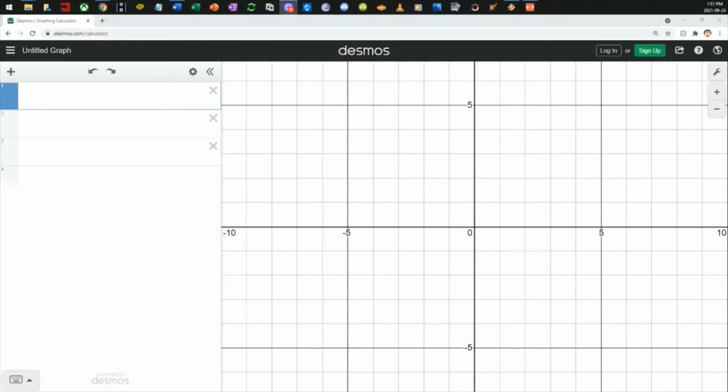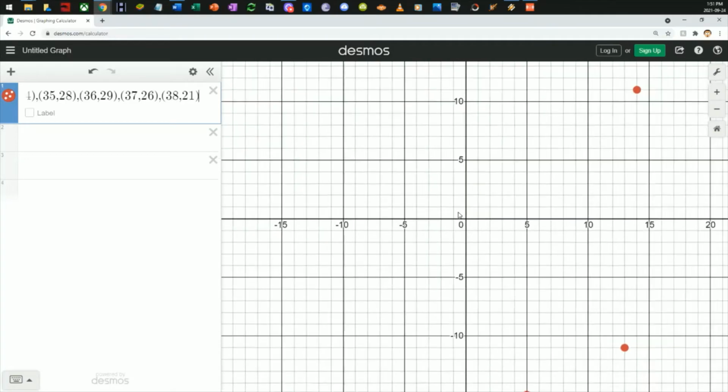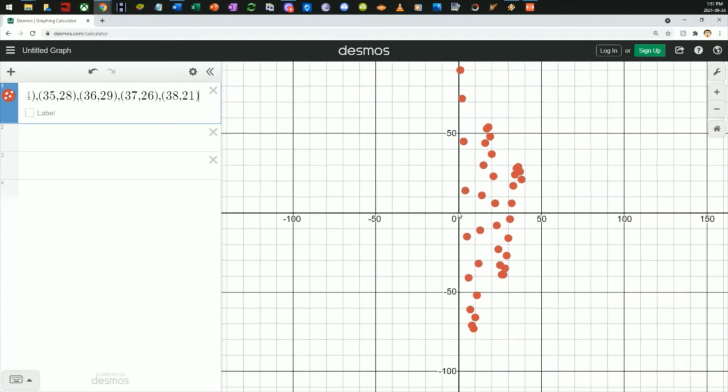Okay, let's plug those points in. That was a lot faster than typing them one at a time, and none of them are visible, but that's because they're all bigger numbers. So they look like that.